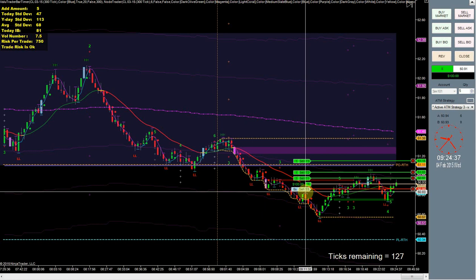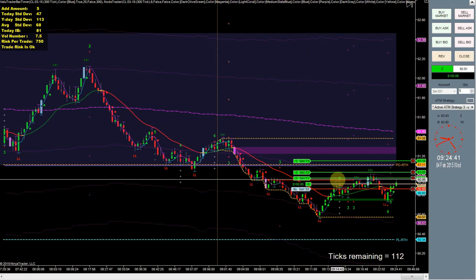Our risk is being cut in half. It's always a good thing. And we do have this level here, so we'll see if we can get through that. And actually, I want to put this down to right there, mainly because we have this level.